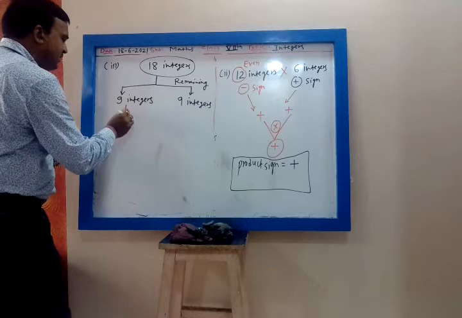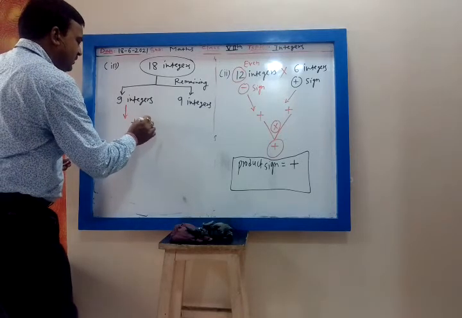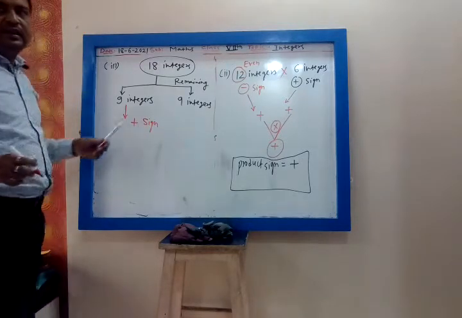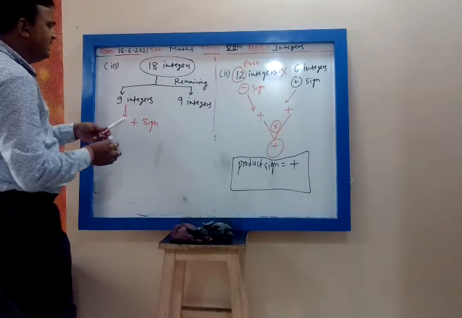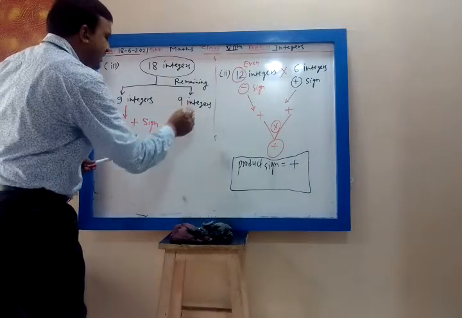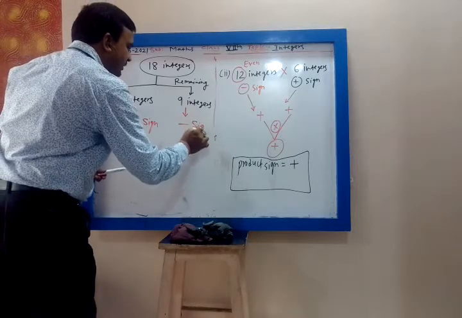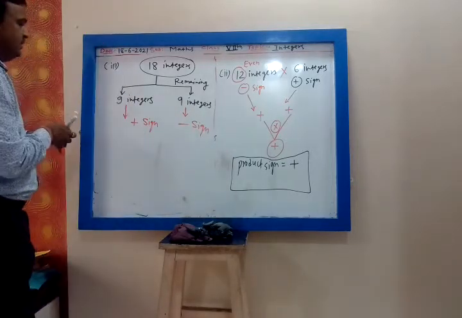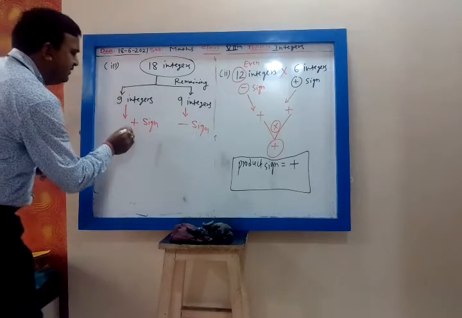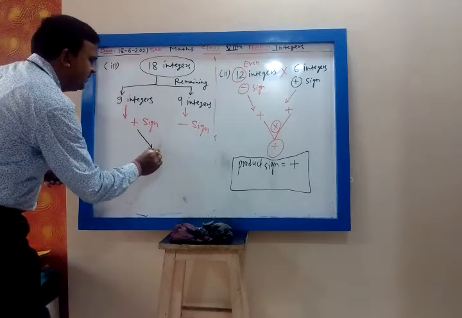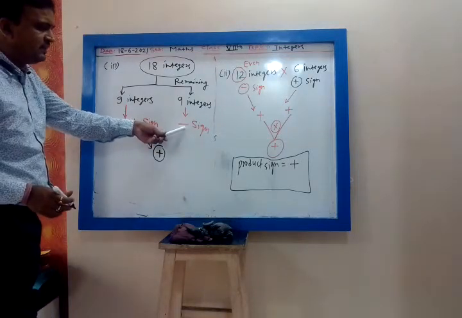First 9 integers have plus sign and the remaining 9 integers have minus sign. So let us see. When all are plus, the result will be plus. Remember, we only see minus.